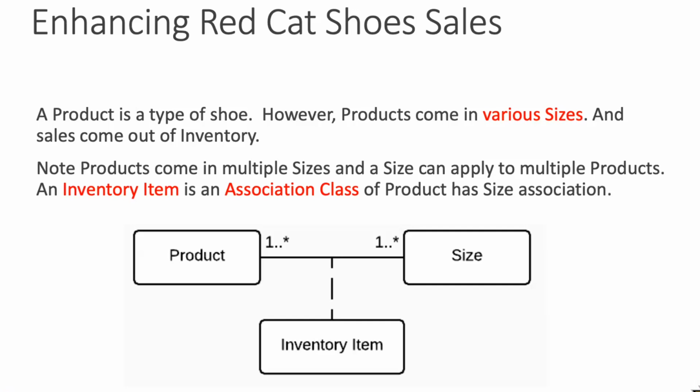Association. We should break it down into different types of relationship. We should use the association. Here we are naming it an inventory item. So technically, product A with size, for example, 7, product A with size 8, product C with size 9, whatever, those are instances of the association class. Okay?